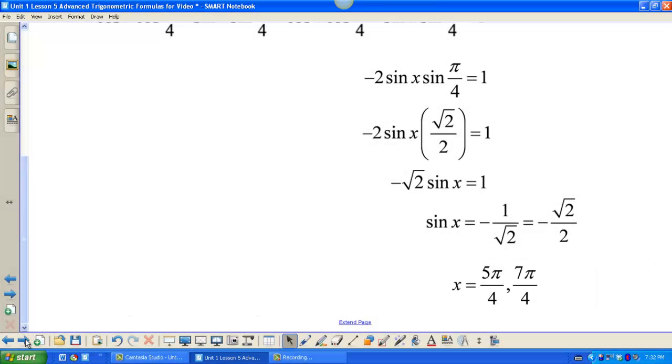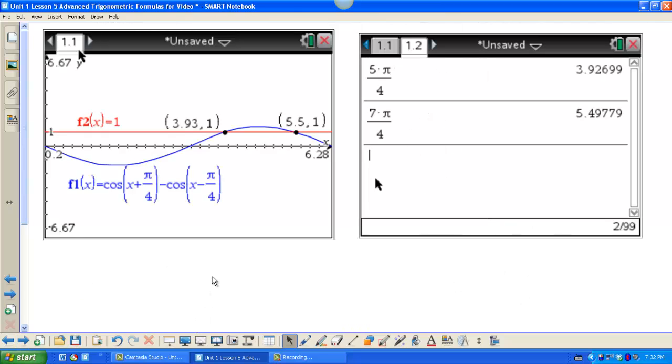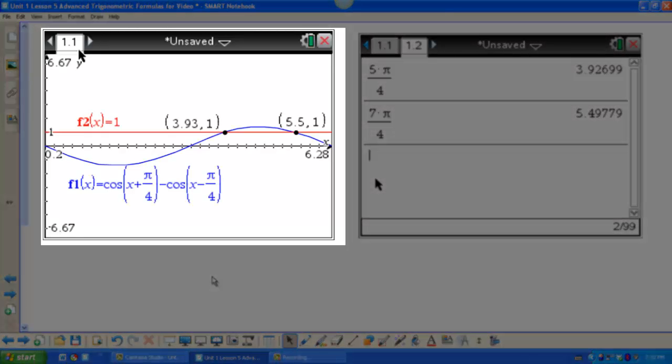Let's verify our answers. Okay, so I went ahead and graphed this on a graphing calculator. If you notice, the blue is cosine x plus pi over 4 minus the cosine of x minus pi over 4, and the red is 1. So where those two equal, their intersection points, is the answer. Now what the calculator will do is generate a decimal approximation.